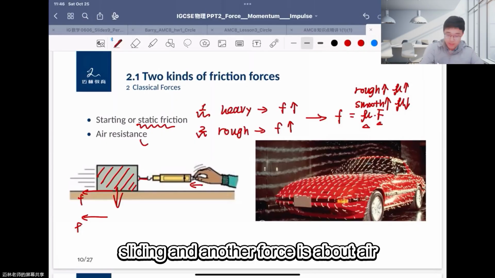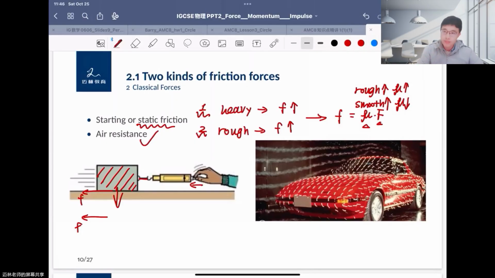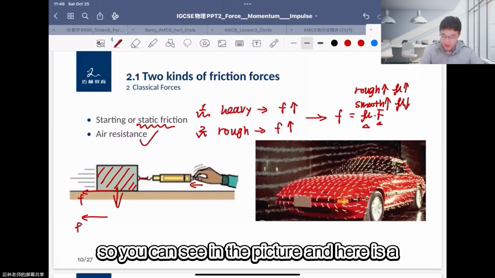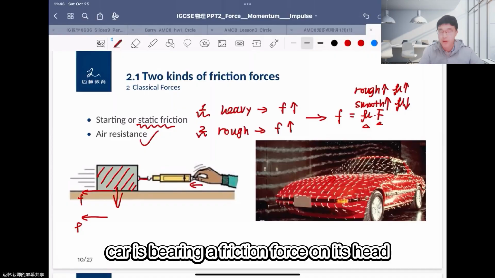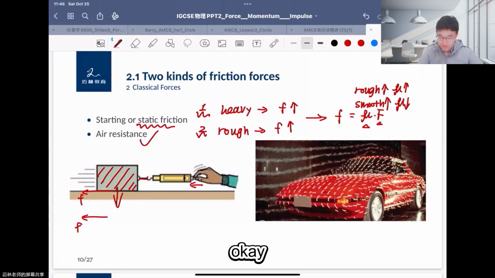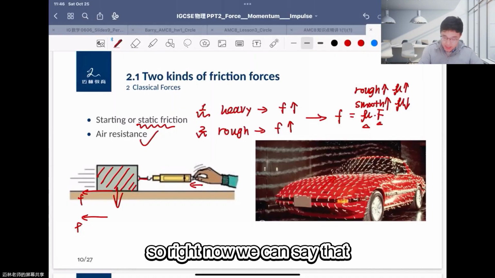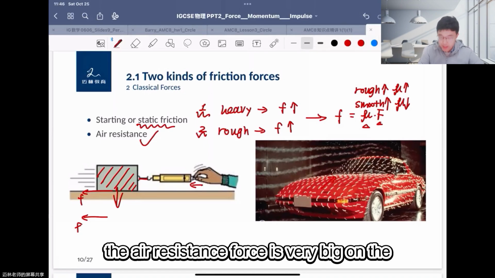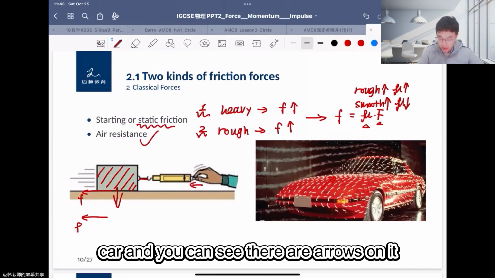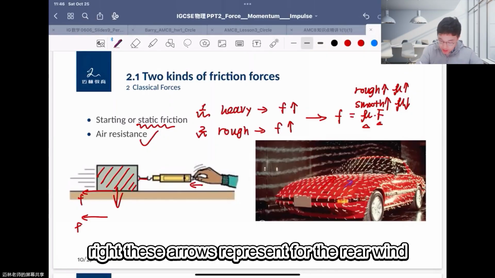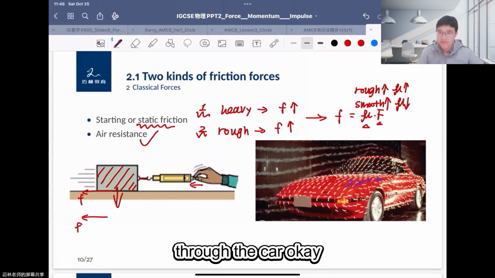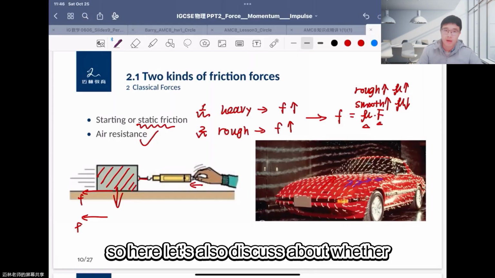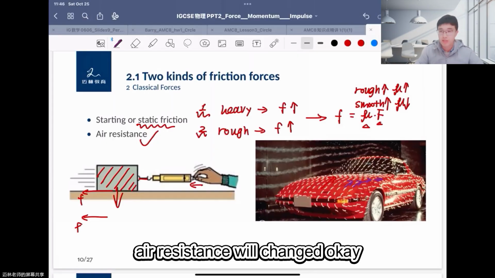Another force is the air resistance force. You can see in the picture a car experiencing air resistance on its front, so the air resistance force is very big on the car. You can see some arrows on it; these arrows represent the wind flowing past the car. Let's discuss whether air resistance will change.